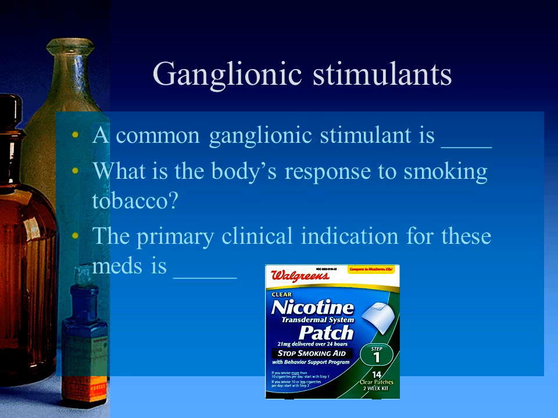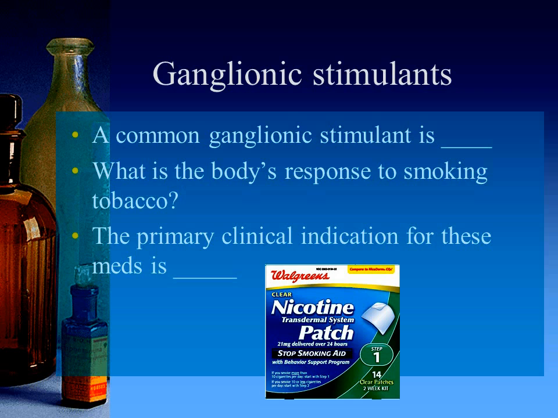Nicotinic neural receptors. Sounds like something else, doesn't it? The common stimulant for the autonomic ganglia is nicotine. Nicotinic neural receptor, nicotine. Makes sense. So people who use tobacco absorb nicotine, which then stimulates the autonomic ganglion in the body.